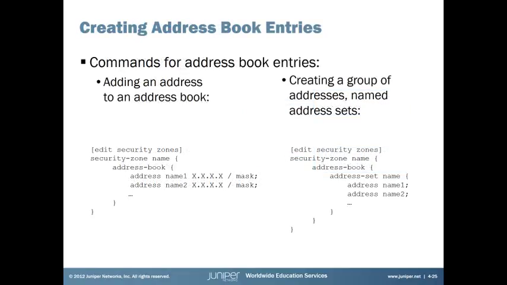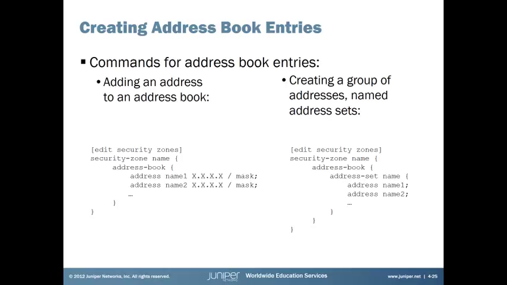Okay, so let's take a look at these address book entries here. These address books are set up under the zone itself, under the address book hierarchy. So we give it a name, like, as I said, FTP server, for example, and that in our case was 10.10.40.12/32 because it's just that specific address.